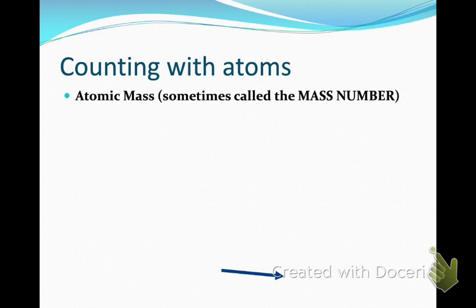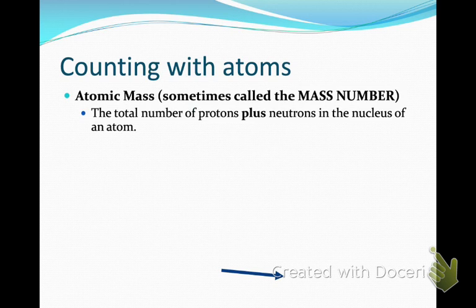Now we're going to start looking at neutrons. And to get to neutrons, we have to know something about what's called the atomic mass. Sometimes the book or your CK12 might call it mass number, but you'll always hear me call it atomic mass. The atomic mass is the total number of protons plus neutrons in the nucleus of an atom.